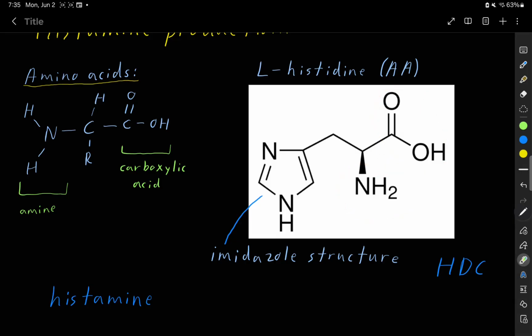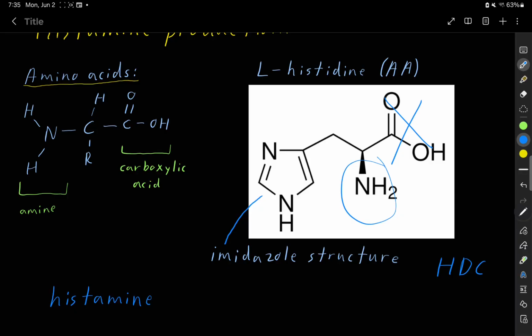We have to turn the amino acid into an amine. Basically, we have to get rid of the acid components and keep the amino components. And that is done with an enzyme called histidine decarboxylase, or HDC for short. Histidine decarboxylase, as the enzyme name suggests, decarboxylates or removes the carboxyl group from L-histidine. And when it removes this carboxyl group, now we only have our amine group.